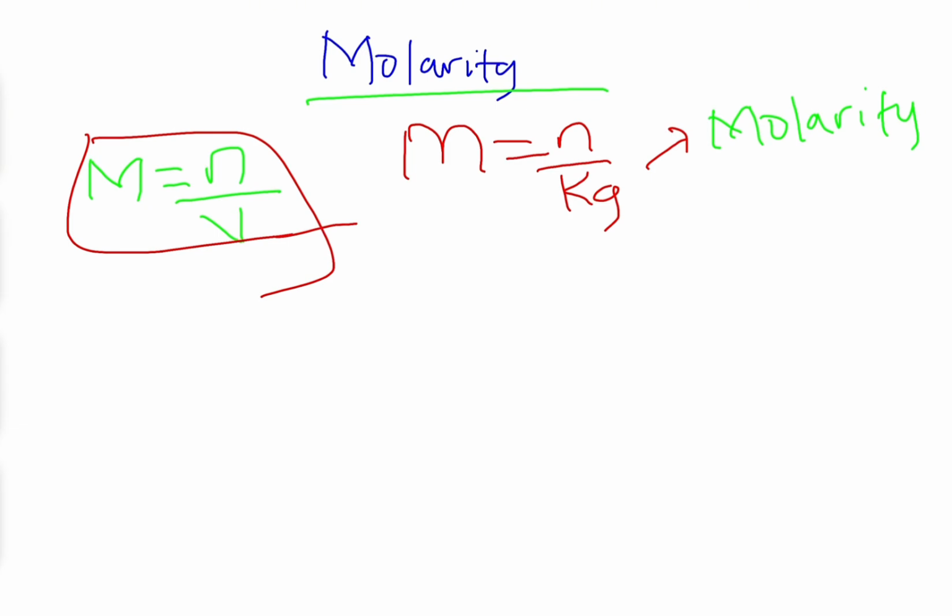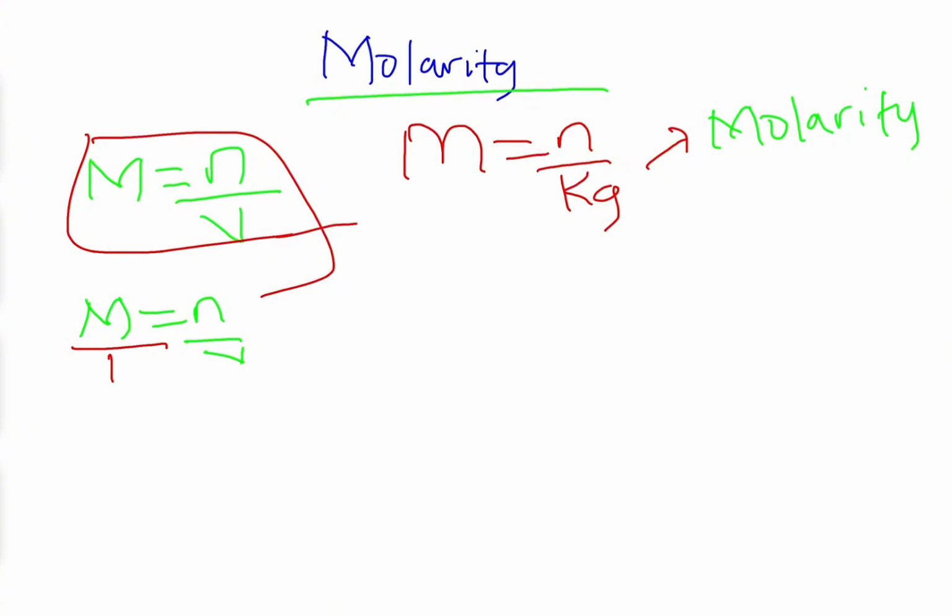So right here now, if we have this formula and we were told to make n the subject of this formula, we have M is equal to n over V. How do we make n? Well, we can divide here by 1, that is, we want to balance this one right here.